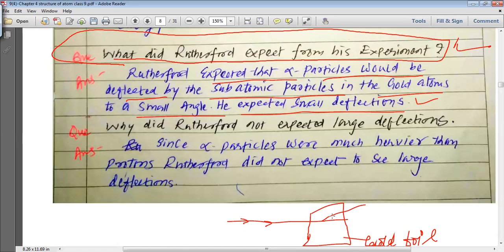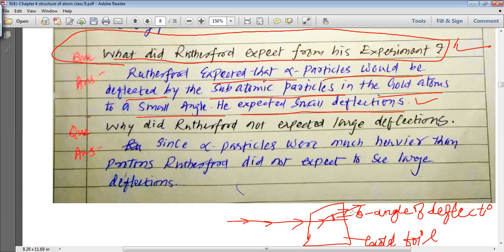And this is the angle of deflection. Let us say this is theta, or the angle of deflection. Rutherford expected a small angle of deflection. He thought that these alpha particles, instead of moving in a straight line, would go in this way and their path would be changed.